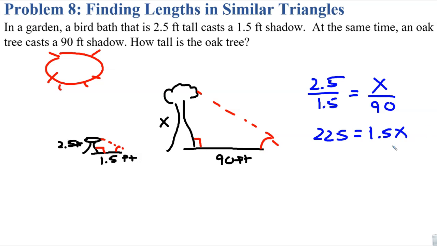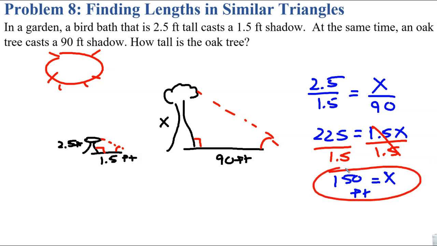And then divide both sides by 1.5. And we end up with x equal to 150 feet for the height of the oak tree. Nice little way to do an indirect measurement to figure out the height of the oak tree without actually climbing up it.